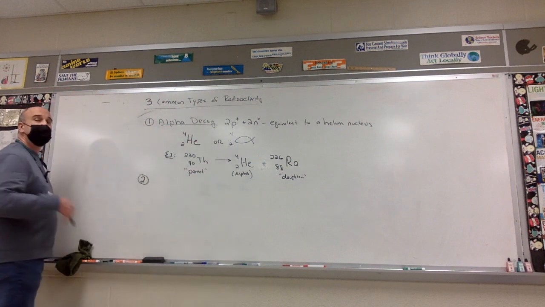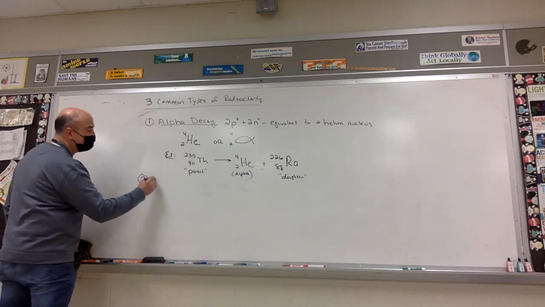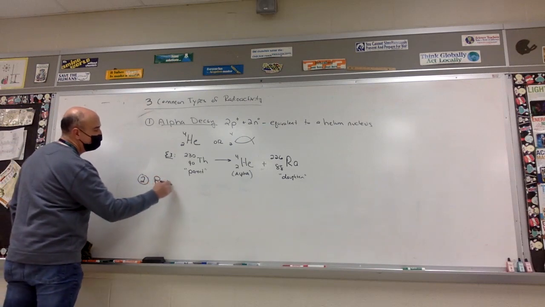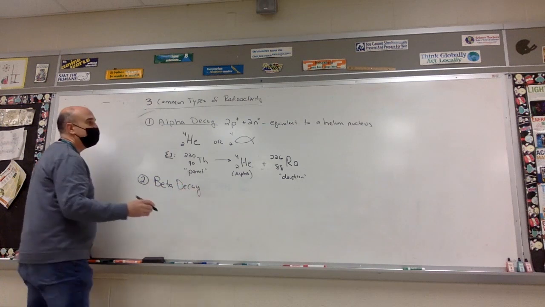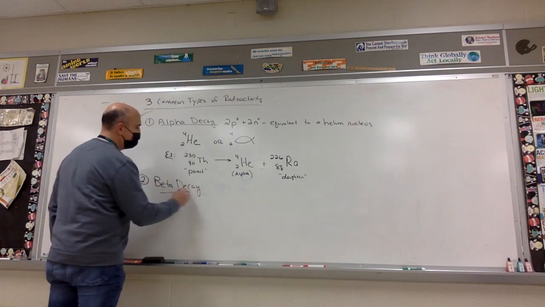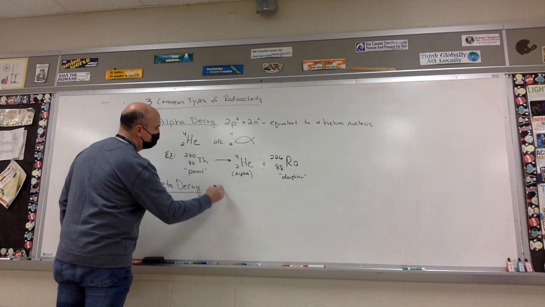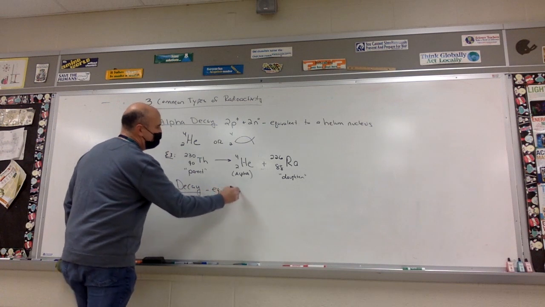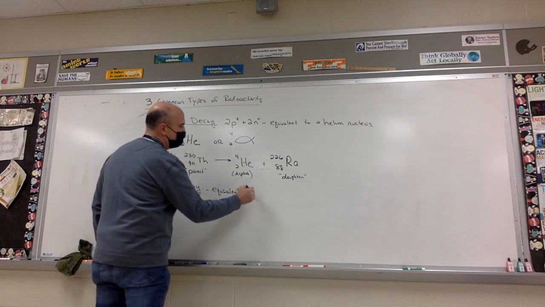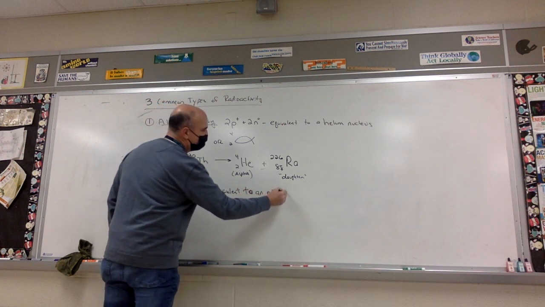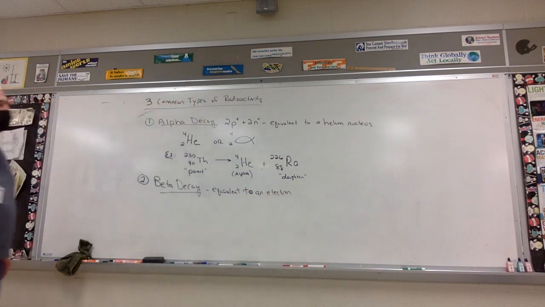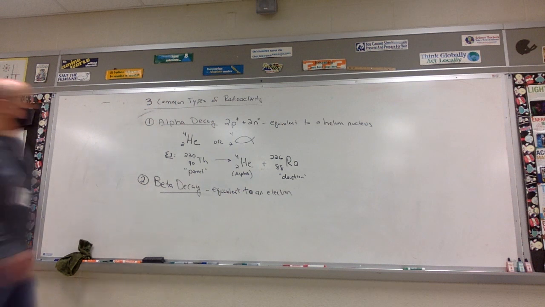Another common type of radioactive decay is beta decay. So this is equivalent to an electron.